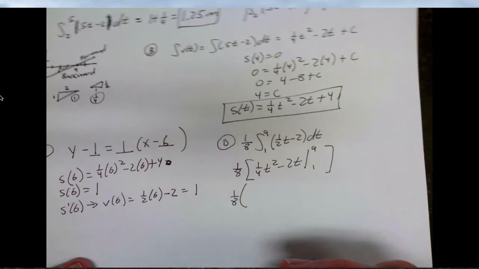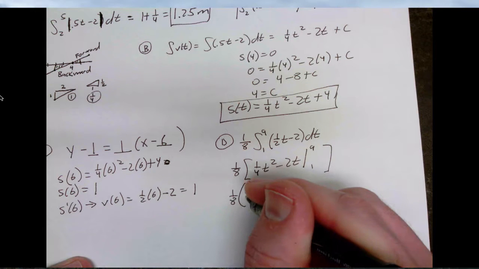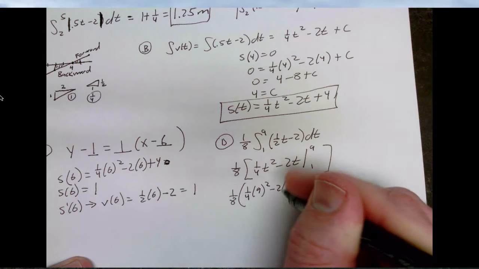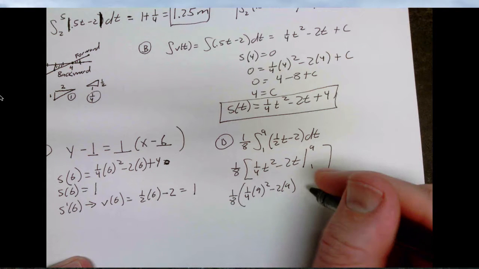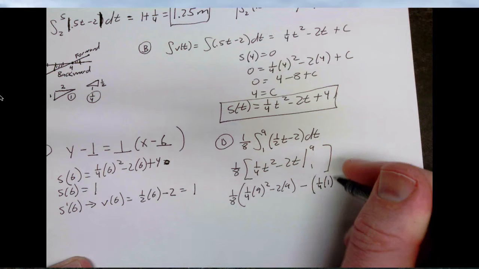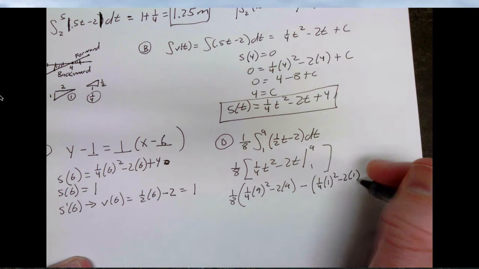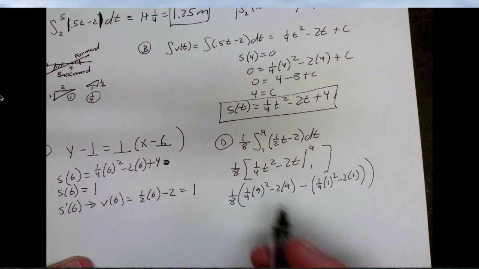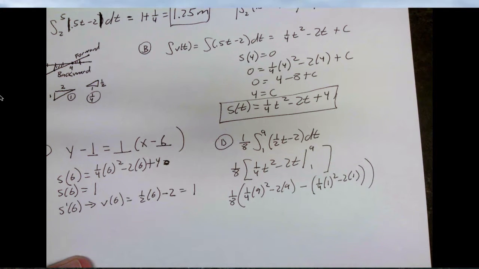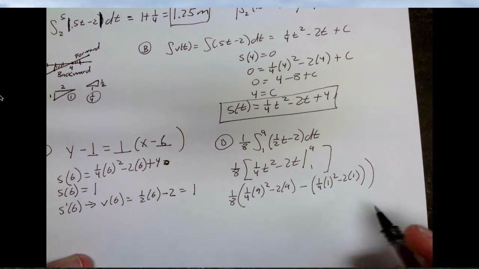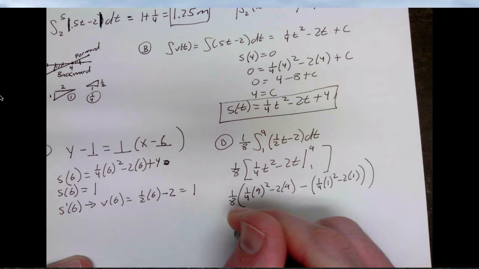When I plug in the 9, okay, and then I'm going to have to subtract a kind of a big quantity here. 1/4, 1 squared minus 2 times 1, close, close. All right, so there's the fundamental theorem done. And when we calculate all this stuff, it will all come out to 1/2.